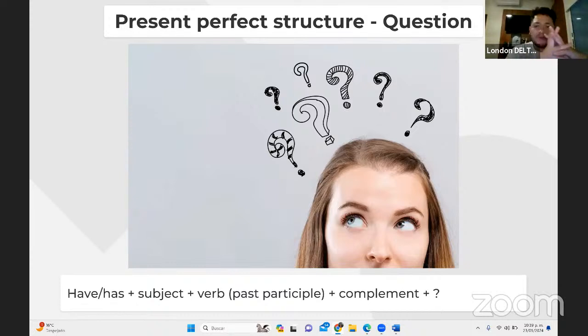Remember, in English, you need to do the inversion. En inglés tenemos que poner, cuando hacemos una pregunta, el auxiliar al inicio de la oración. And then everything else goes normal. Y todo lo demás sigue normal.